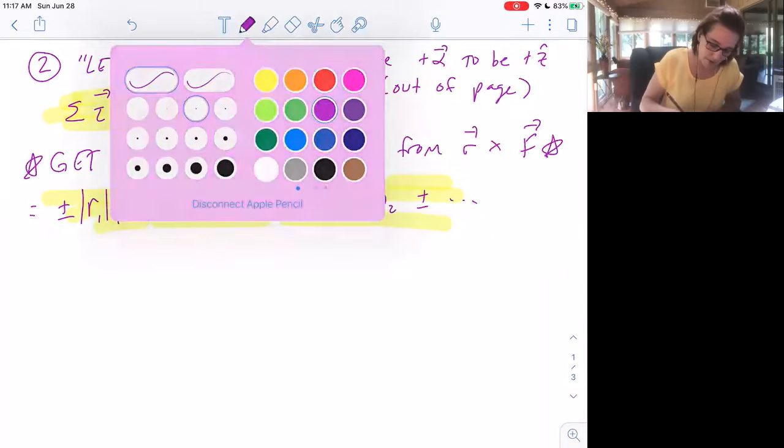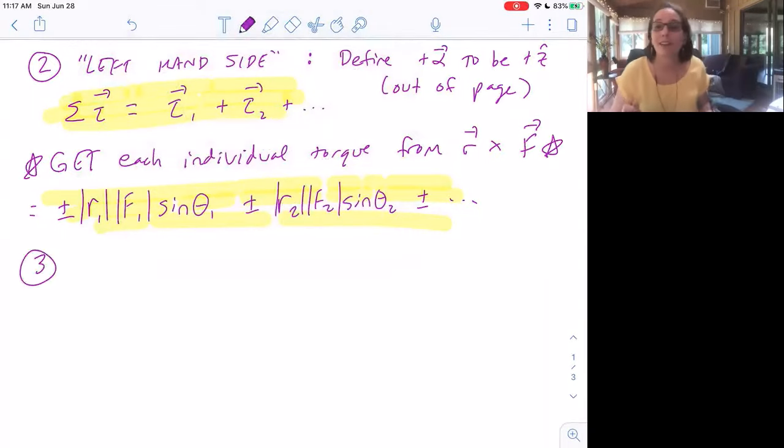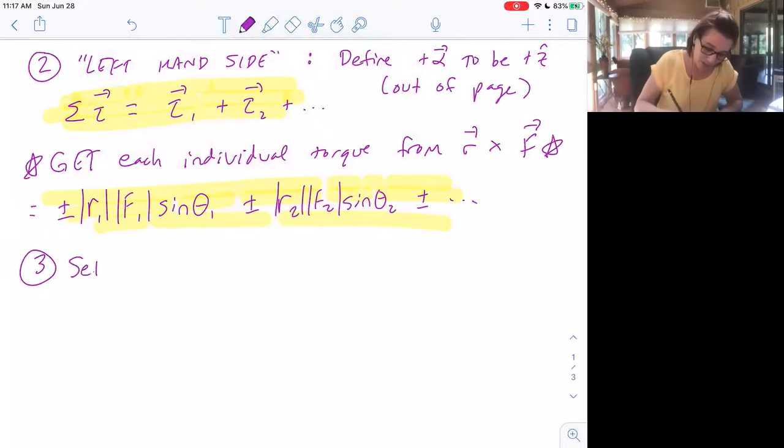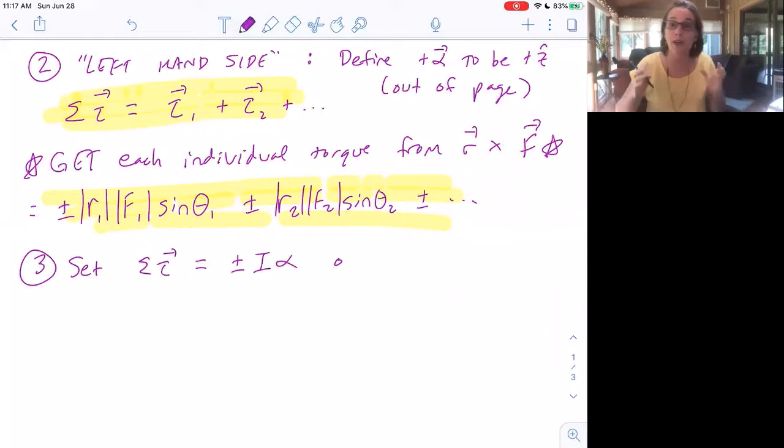And then now we're ready for step 3, which is going to be putting it all together. So set the sum of your individual torques equal to plus or minus I alpha. Oops, I don't want the vector sign over alpha in that case, because at this point alpha will be the magnitude of my angular acceleration, or 0 if it's not accelerating. So if you just have a static equilibrium case, which is something that we'll get to in a few modules.